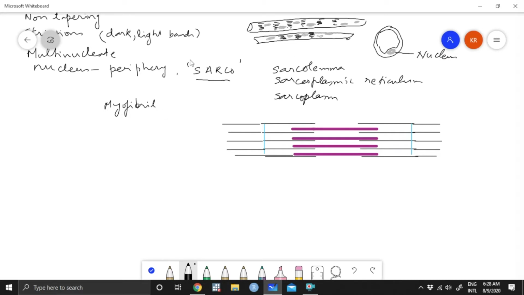These muscle cells are made up of myofibrils, those striations, and we said that there are two bands, dark and light bands. The dark band is made up of myosin, and the light band is made up of actin. These are proteins.